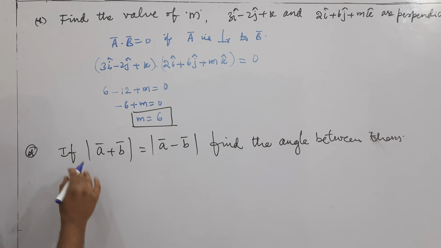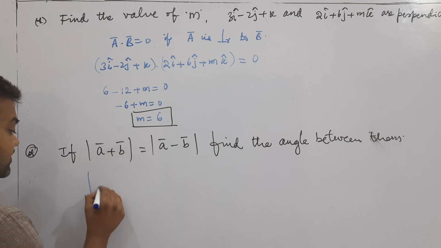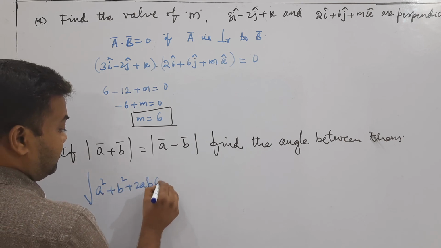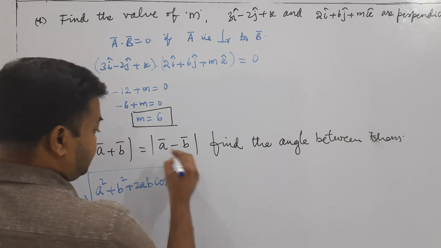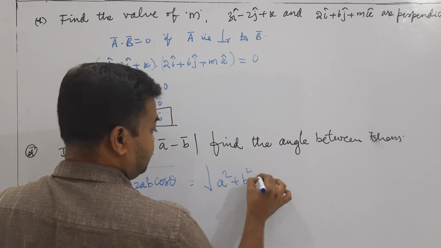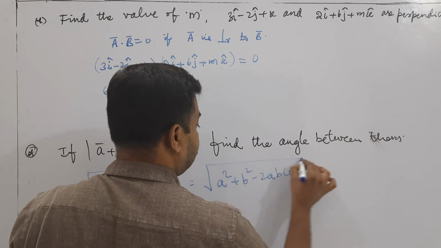Simply we will write it. Modulus of a bar plus b bar means root of a square plus b square plus 2ab cos theta. Already we have derived this one. Here also the same: a square plus b square minus 2ab cos theta.